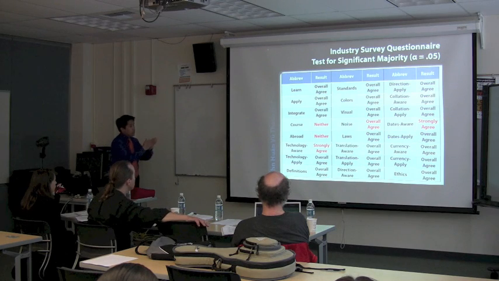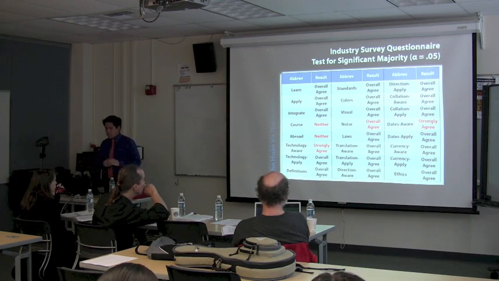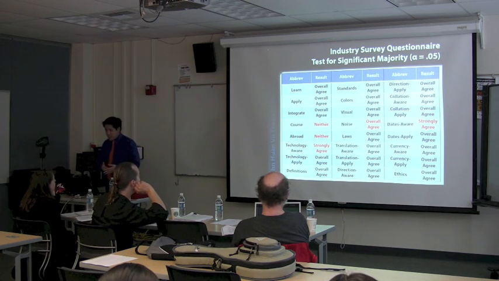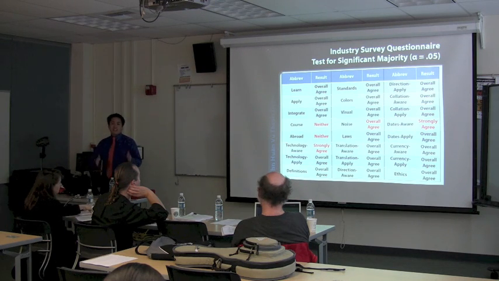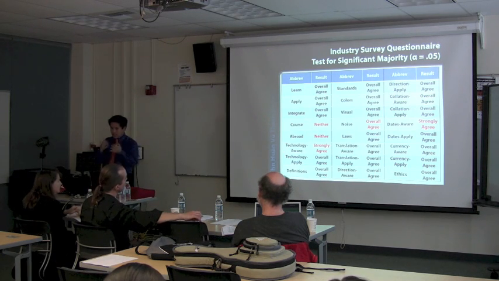So first, on the alpha equals 0.05, a value traditionally used in statistics, looking at the table, an entry of strongly agree means a significant majority strongly agrees with the statement. An entry of overall agree means a significant majority overall agrees with the statement. Overall agree means that there were responses of strongly agree and somewhat agree combined together.